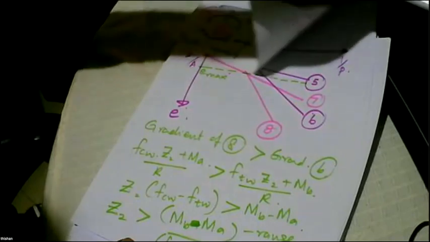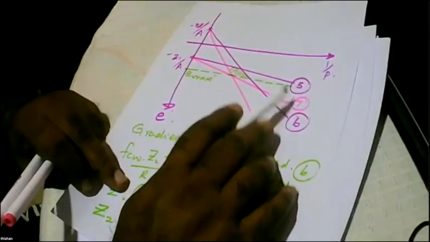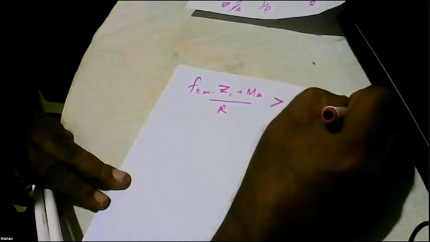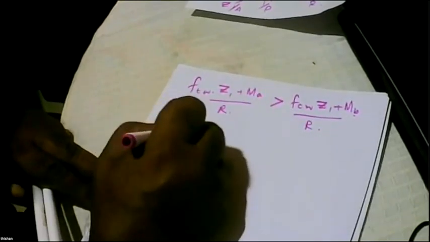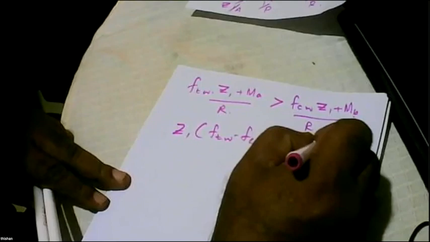So basically, now we get this equation. Now we can also look at the next equation, that is gradient of 7 should be greater than gradient of 5. So here what I'm saying is this and this. Gradient of 7, FTW Z1 plus MA divided by R, should be greater than gradient of 5, Z1 plus MB over R. And you take Z1 times FTW minus FCW, which should be greater than MB minus MA.